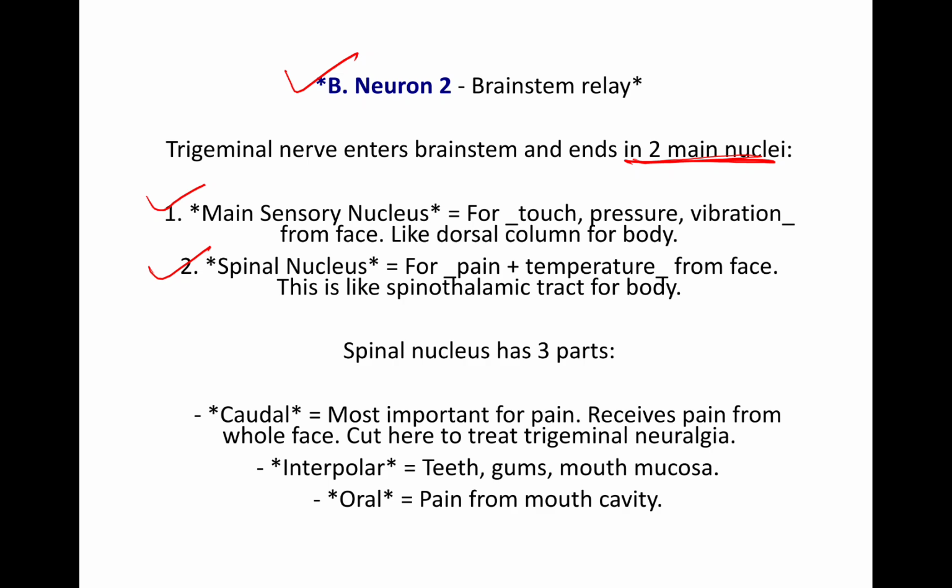The spinal nucleus has three parts: first caudal, next interpolar, and the third oral. Caudal is the most important part for pain.